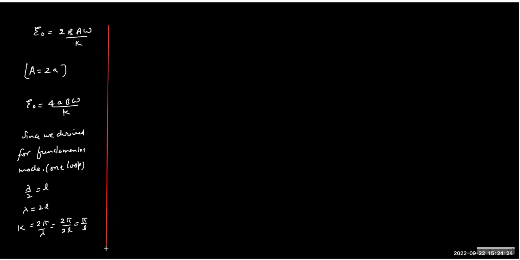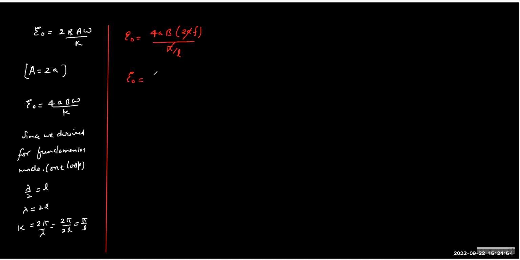So therefore, E naught equals 4 a B, and omega is determined by the frequency of the tuning fork, and we know omega is 2 pi f, and k we got as pi by L. So this pi gets cancelled.